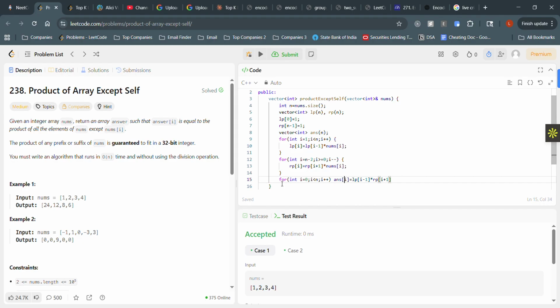However, we can't do so because LP of minus 1 wouldn't exist. So let's do something like this here and something like this here.